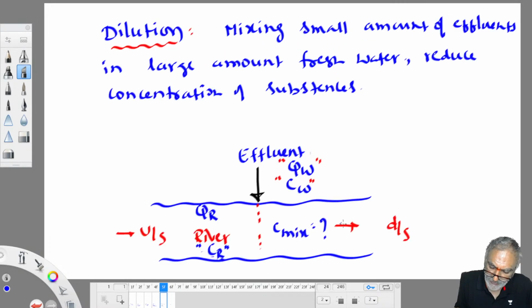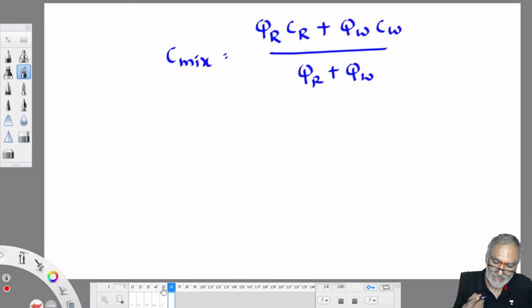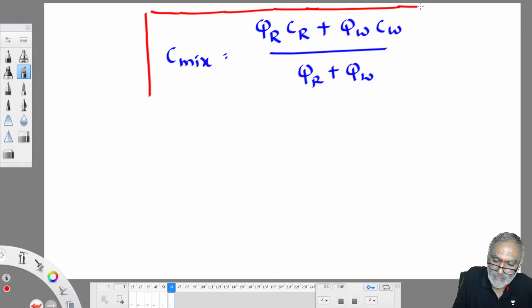On the downstream side, Qr plus Qw flows, and its concentration is C mix. Mass in is equal to mass out. This is the point of disposal; you are disposing at this point. They keep on asking questions in the GATE exam based on this equation.